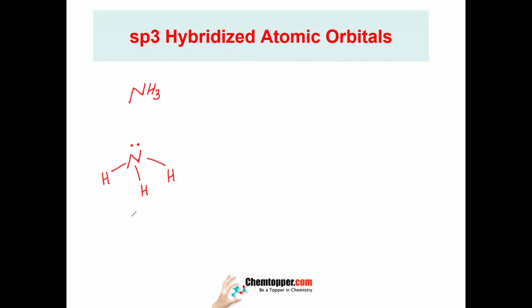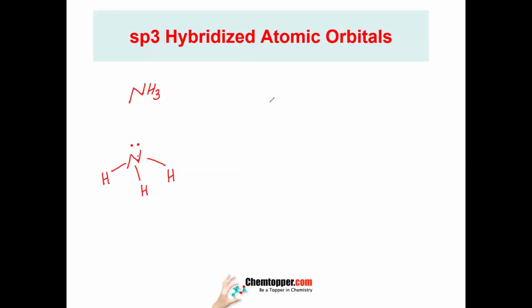So what hybridization is needed on nitrogen? sp3. Nitrogen will undergo sp3 because there are four groups. Four groups need four orbitals. Orbitals are like rooms. So this nitrogen is in need of four rooms so that it can have three bond pairs and one lone pair around it.